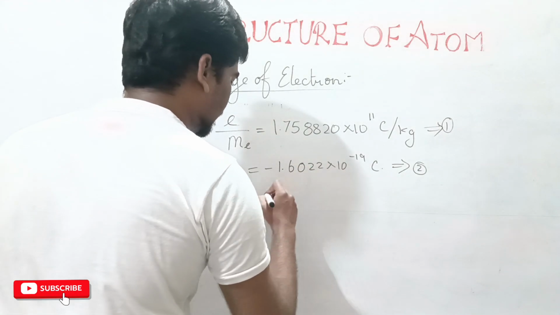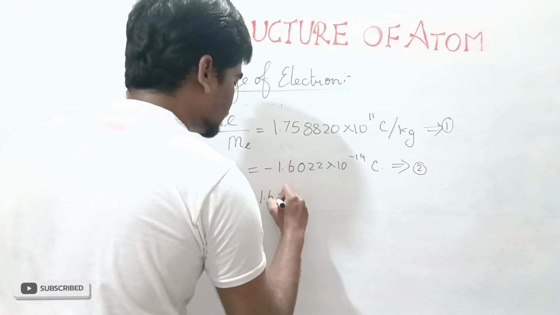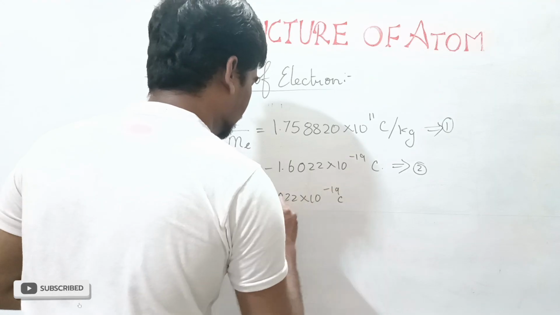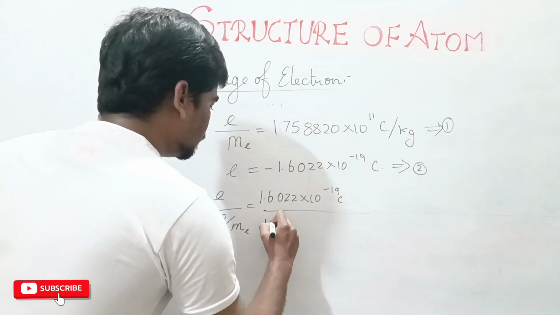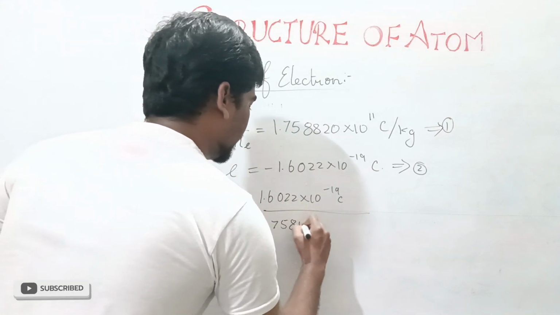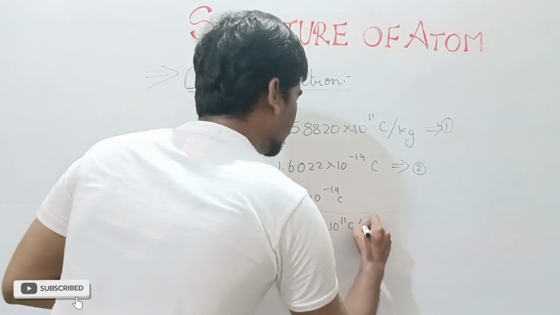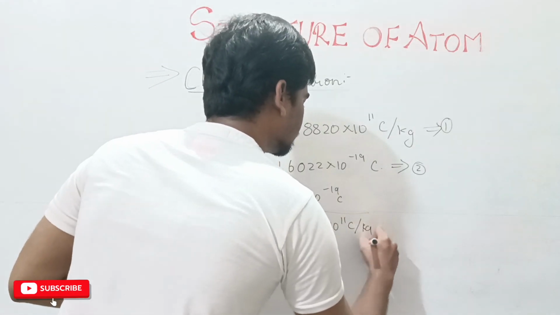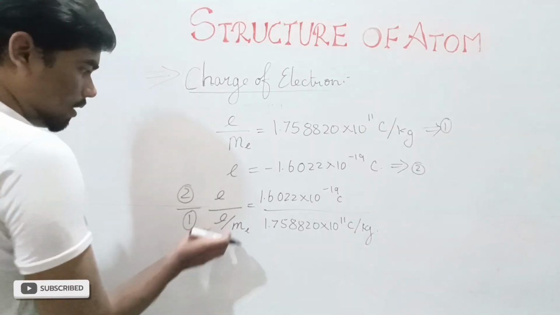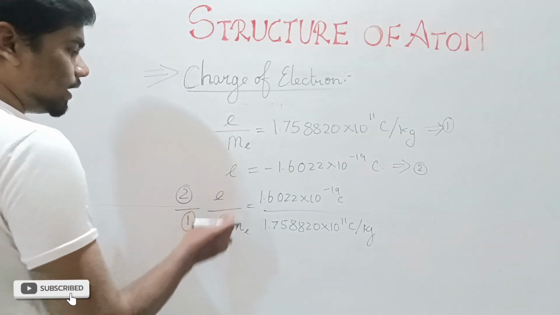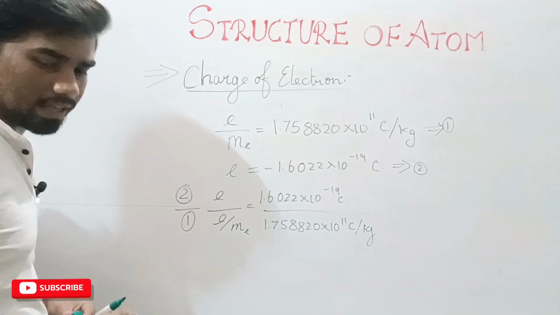We are taking the magnitude of charge, 1.6022 into 10 to the power minus 19 coulomb divided by 1.758820 into 10 to the power 11 coulomb per kg. So my dear friends, when the charge gets cancelled, we will get the value of mass of electron.